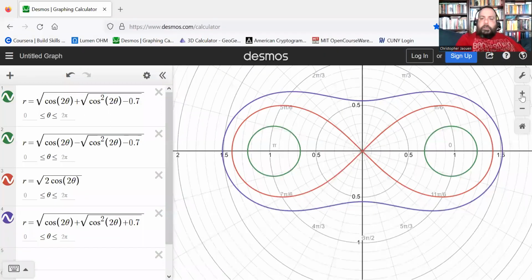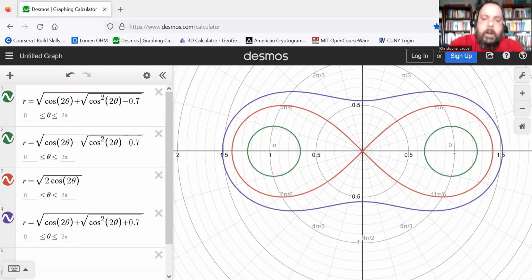All right, so here's what the graphs look like. The graph in green is when b is less than a squared. Notice that this is sort of a typical example. Here I have a to the 4 minus b squared being negative 0.7. So in that case, you get the green curves that I have here.